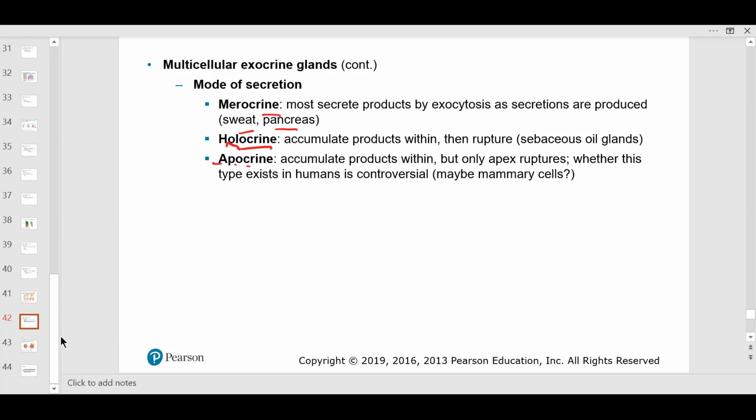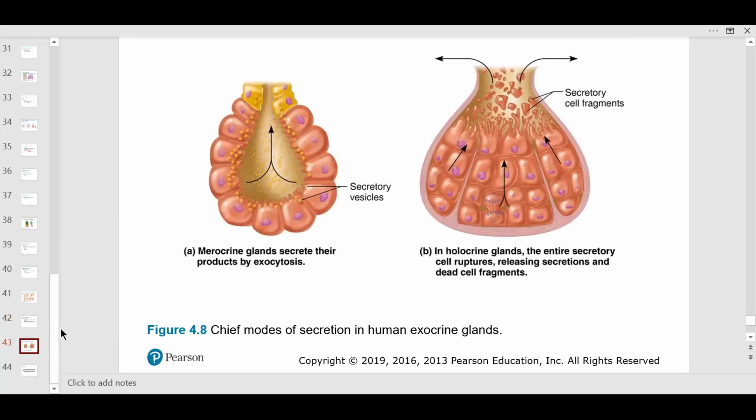Apocrine are also types of glands that kind of break off. Maybe mammary cells. I don't work in maybes in this class, so we don't have to worry about the difference in these, right? But maybe you should know eccrine, and we'll talk about that later when we do the integument.